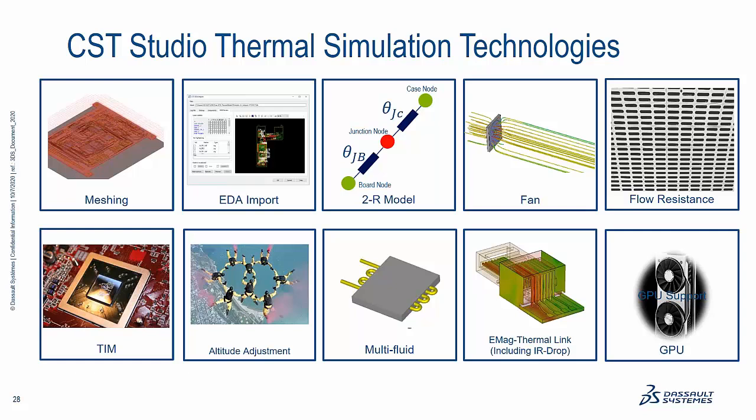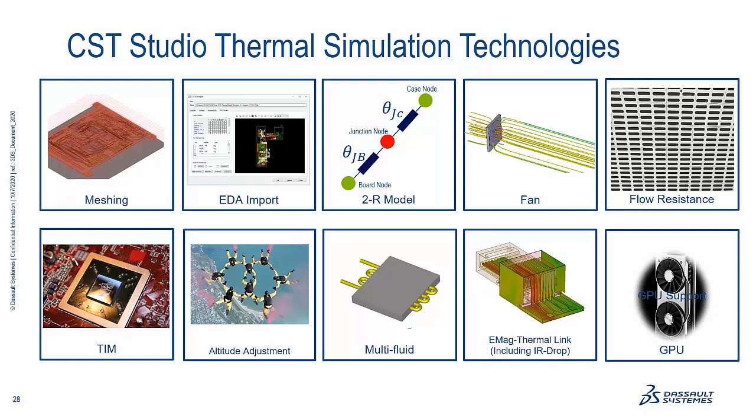We added a new feature in 2021 that helps you accurately capture the neighborhood of your key chips. And we support JEDEC two-resistor thermal models, and you can model things like a cooling fan, and things like a finger guard or grill with a flow resistance object instead of modeling them in detail.